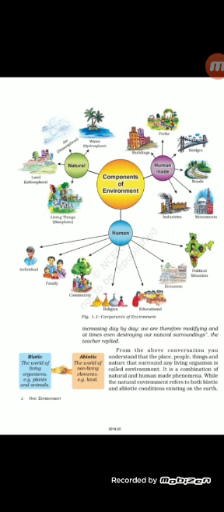Biotic, the world of living organisms. Biotic condition means the world of living organisms. We can call the world of living organisms as biotic. Okay, for example, plants, animals. These are the biotic condition of environment.